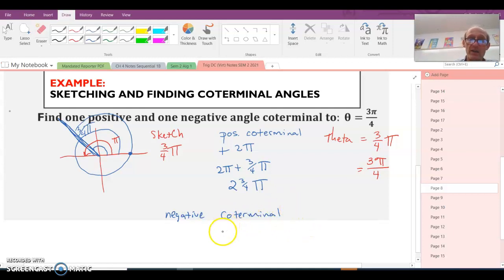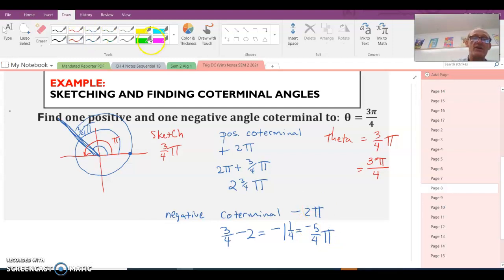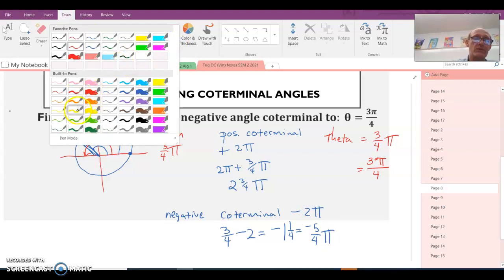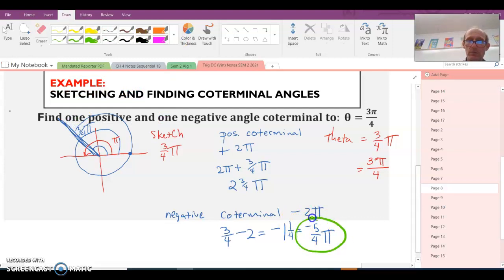Now, a negative coterminal angle would be that 3/4 pi, and we're going to subtract 2 pi. So it would be 3/4 minus 2, which is negative 1 1/4, which is negative 5/4 pi. Now that negative 5/4 pi, I'll just do it in green. That's negative 1 1/4.